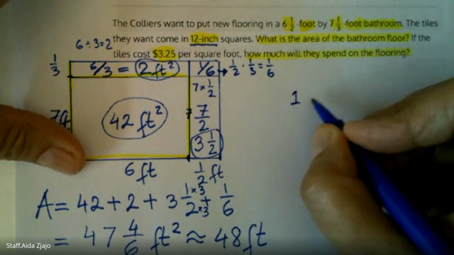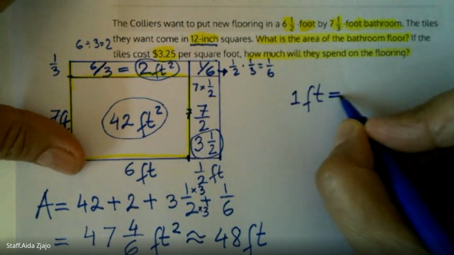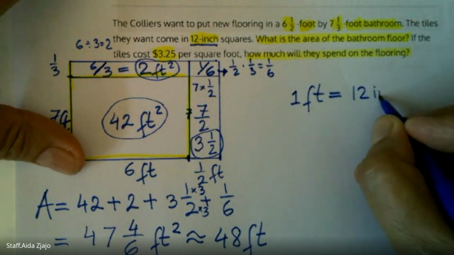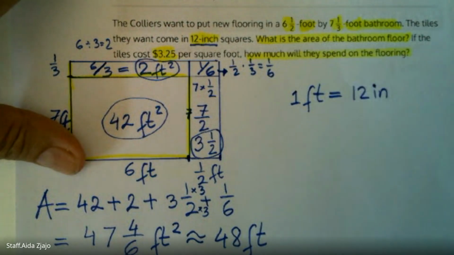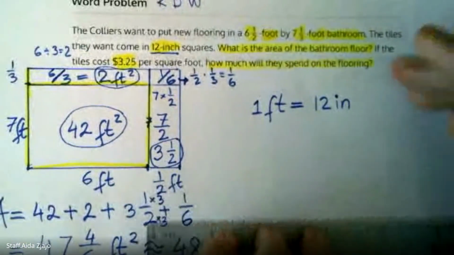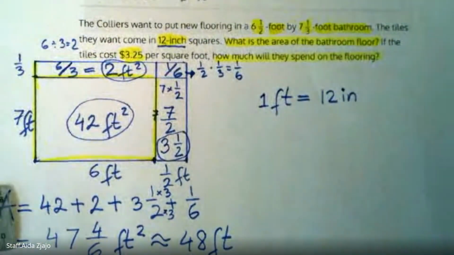So if the tiles are 12 inches square, let me draw a square, for example.